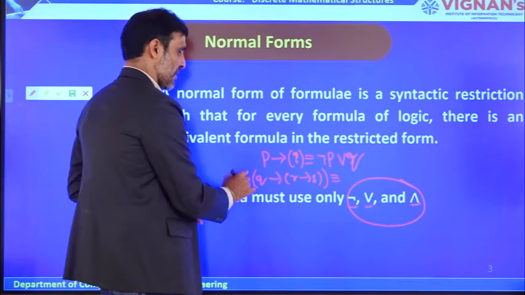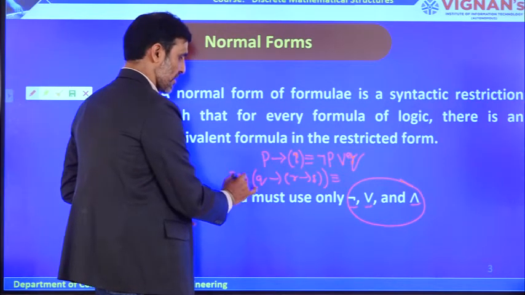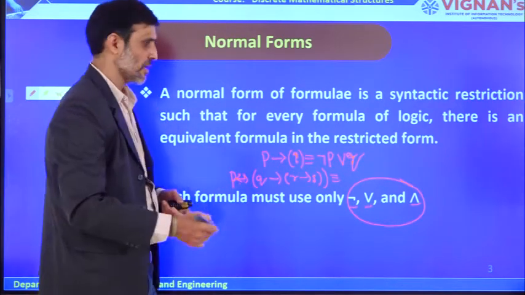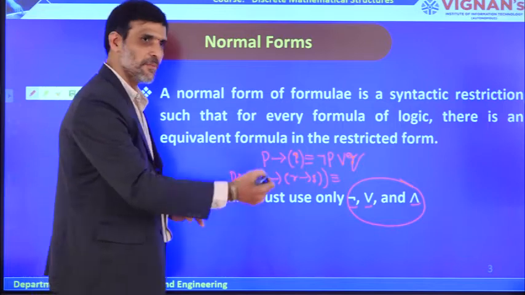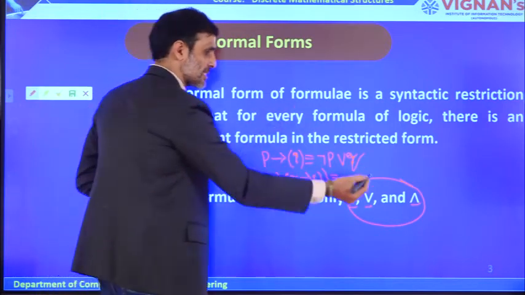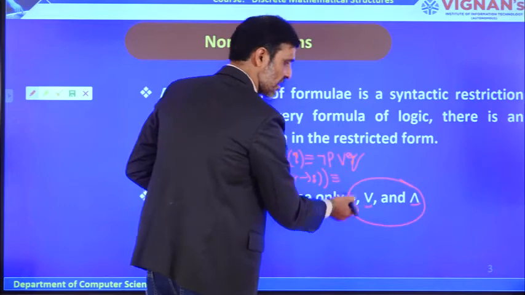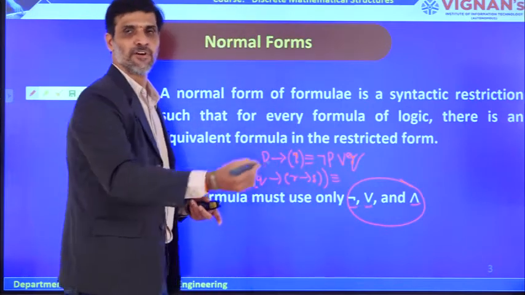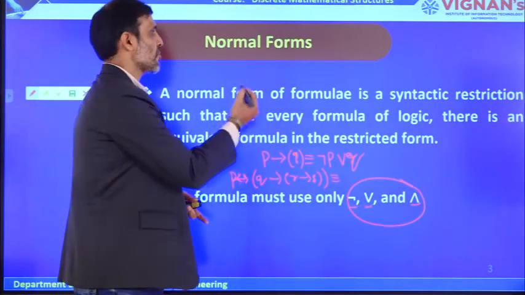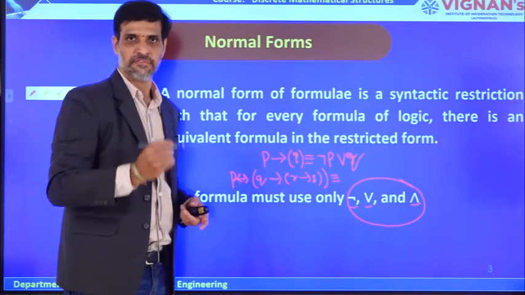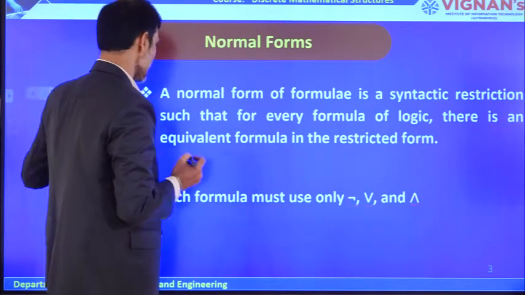Every form, whether it consists of implication or biimplication, we finally convert into the simpler form consisting of these three connectives. Such a form we can call a normal form. This is the basic definition of the normal form.